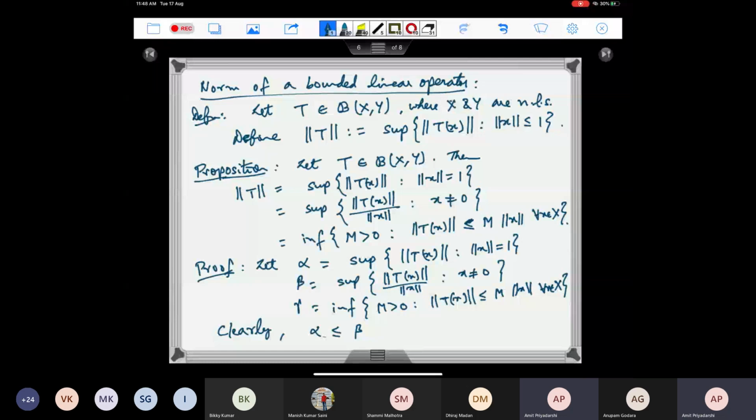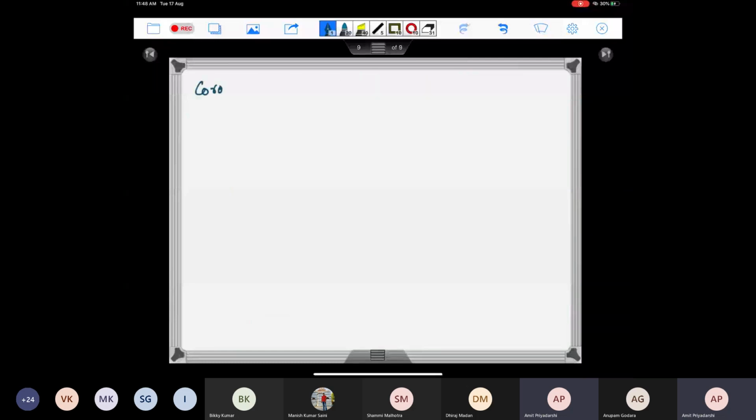So we also get as a corollary, if T is any bounded linear operator from X to Y, then norm of Tx will be less than or equal to norm T times norm x for all x in X. Right?